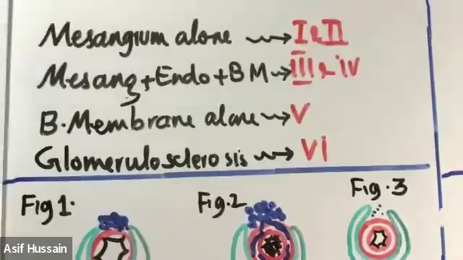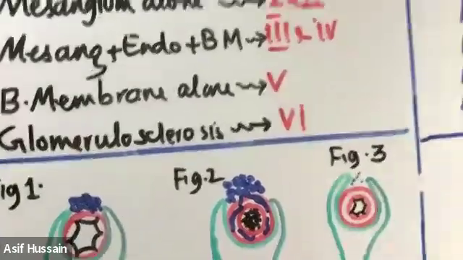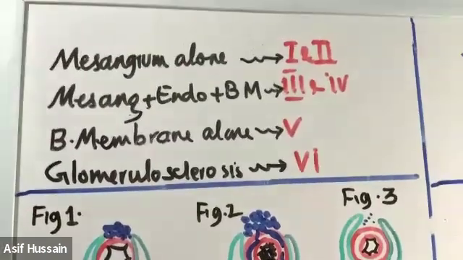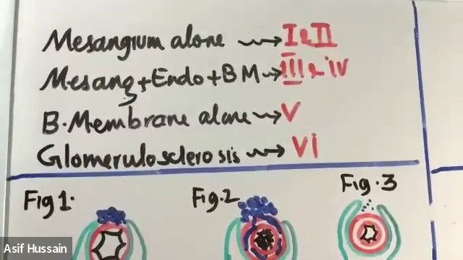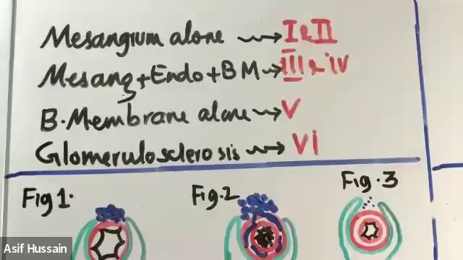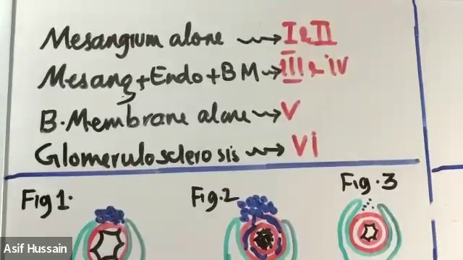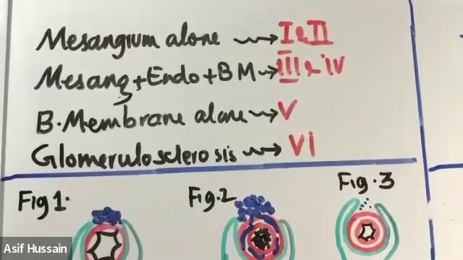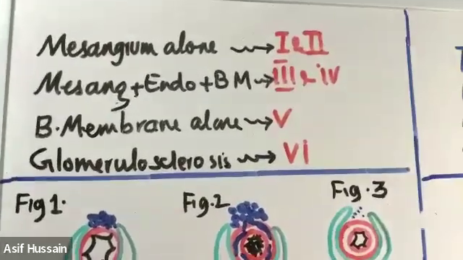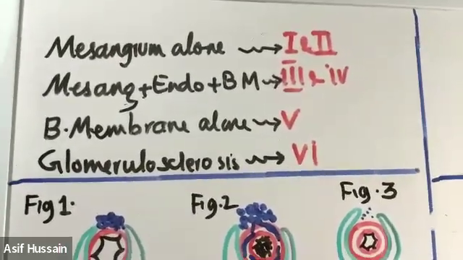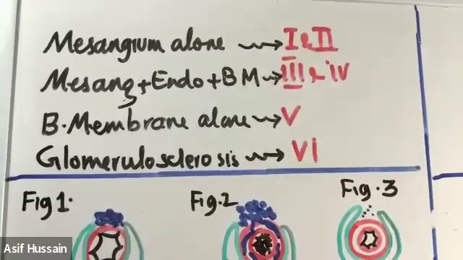Remember, stage 1 is not a normal mesangium. It has inflammation and proliferation, but it's very subtle, detectable only by electron microscopy or immunofluorescence staining, but not by light microscopy.